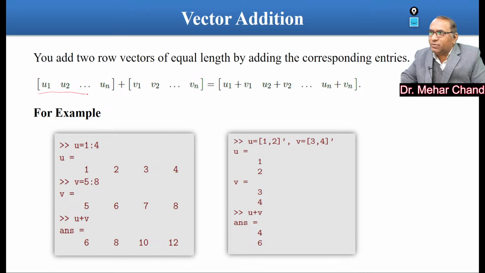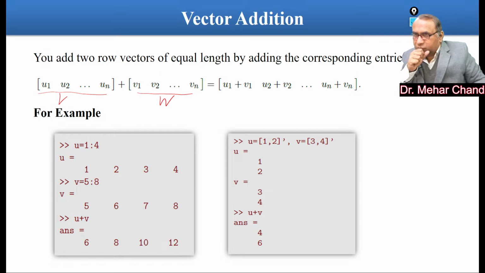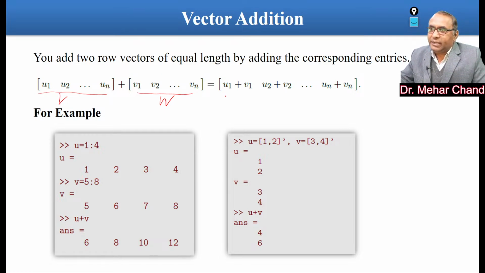So here this is one vector and this is another vector, v and w. You can see the length of both is the same. In the first we have n elements, and in the second we also have n elements, and when we add these two vectors we will get the same order of array or vector.